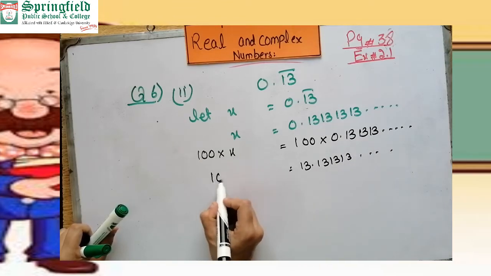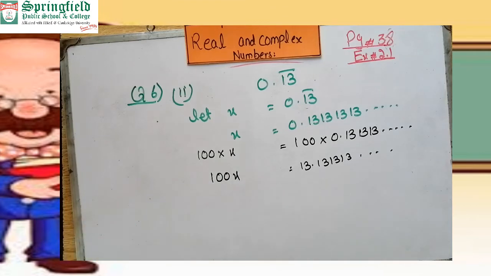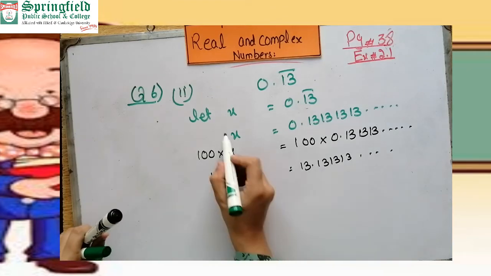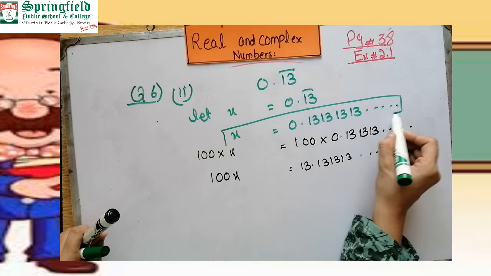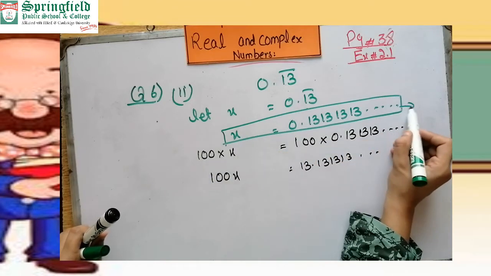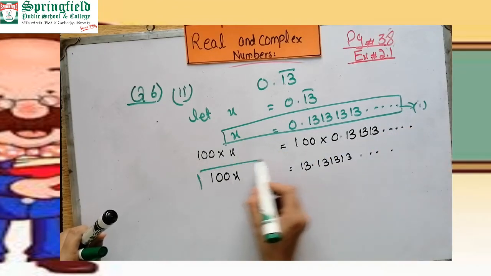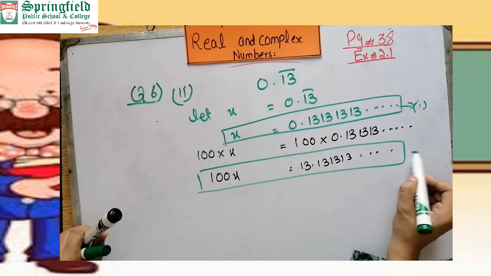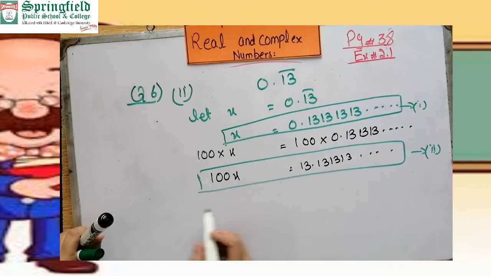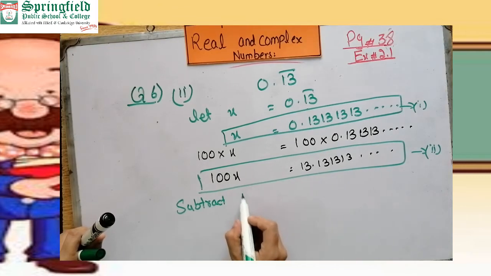So 100 times x is 100x. You can say that this is equation number 1, and this is equation number 2. Now subtract 1 from 2.